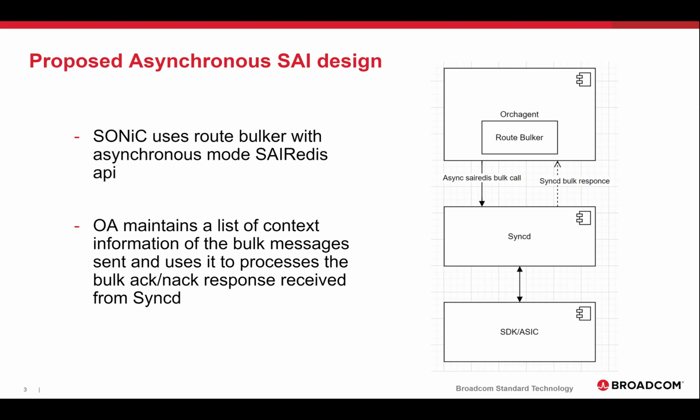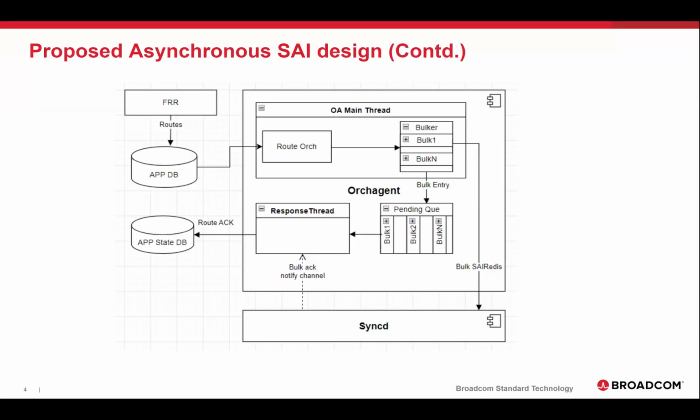This diagram gives a more detailed look at the proposal. Here the changes are mainly inside orchagent and somewhat in syncd. In the orchagent main thread, the bulker class is already there, which will bulk the route entries.